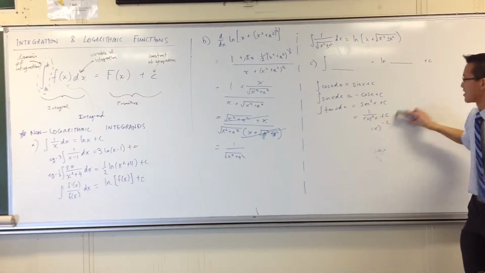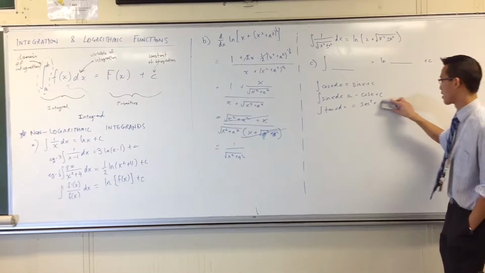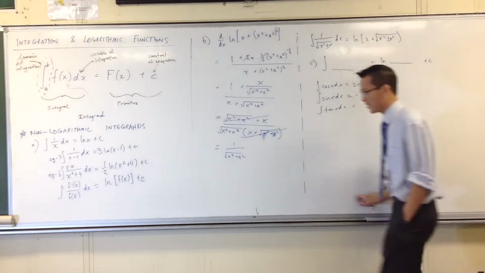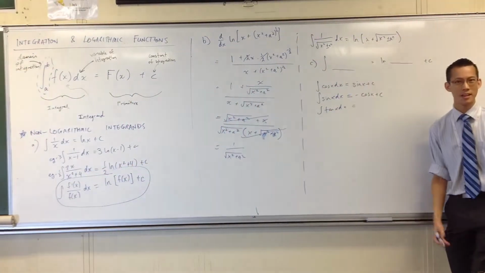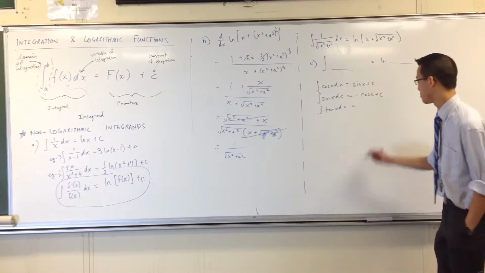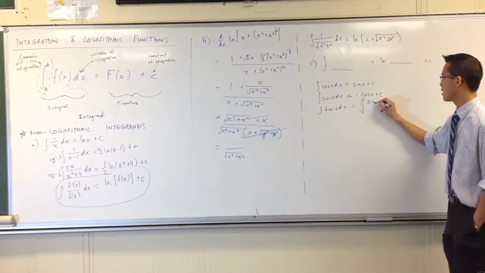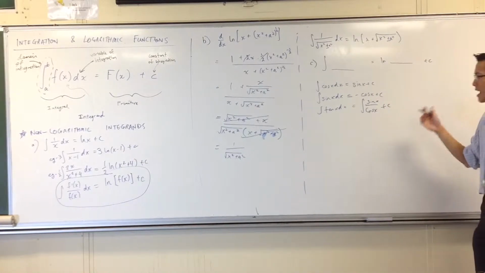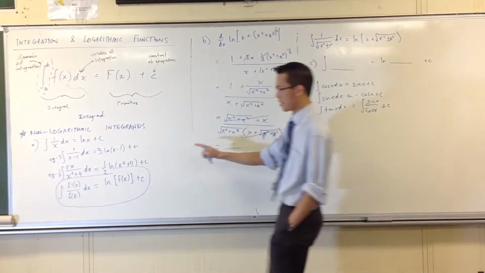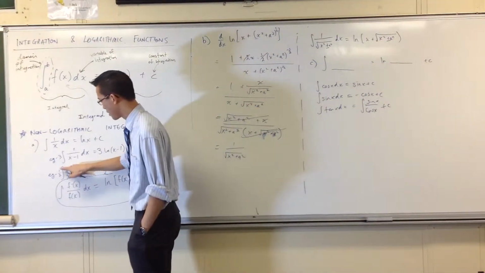Let's try and write this in a form that'll make it a little easier for us, though to be honest, I've been giving you clues all day. Tan is a shortcut, isn't it? It's sine on cos. Now, just like here, we started with this, didn't we?